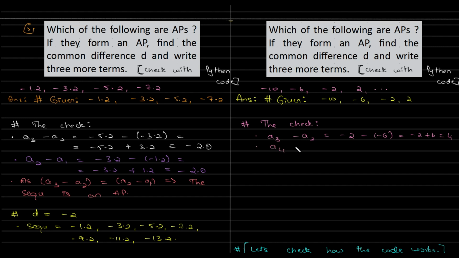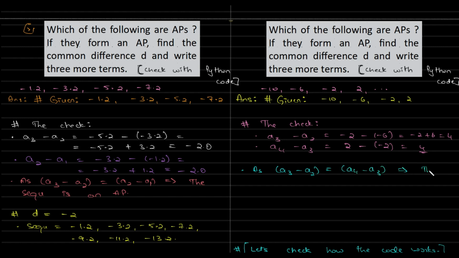And A4 minus A3. So we have A4 is 2, A3 is minus of minus 2, so this is plus 2. So this is again 4, right? Then we can conclude that A3 minus A2 is the same as A4 minus A3.